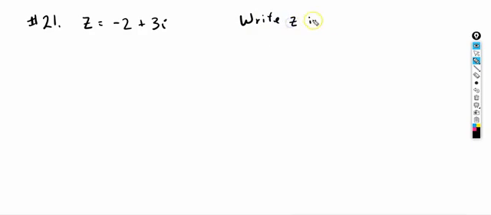All right, and then for the last one on this video, I did number 21. So if z is this complex number, then write that in polar form. And write your angle in degrees.